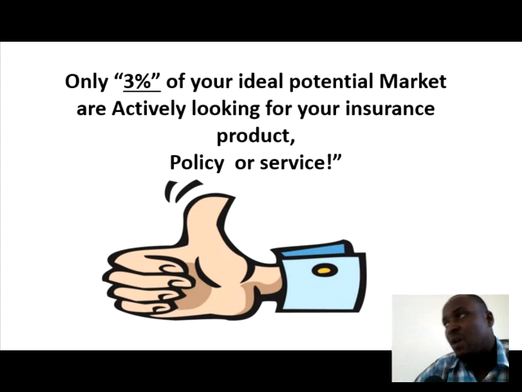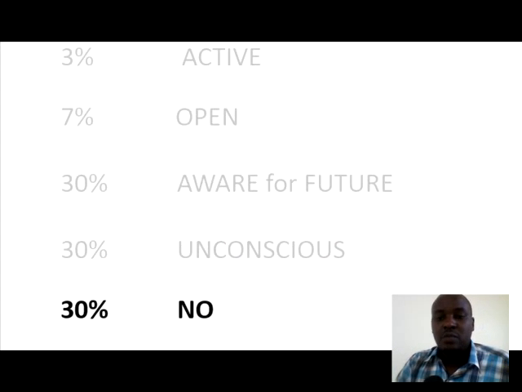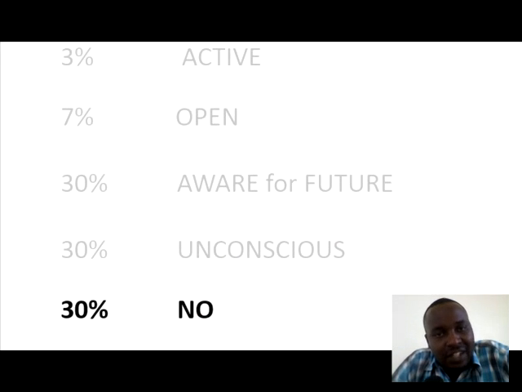And how does that work for you? Well, in a short minute, you're going to understand why. 3% of that market is actively looking. So it leaves you with the 97% that are not currently actively looking. But you need to understand a few specifics. You discover that 67% of the 97% are looking for or may be interested in your product.